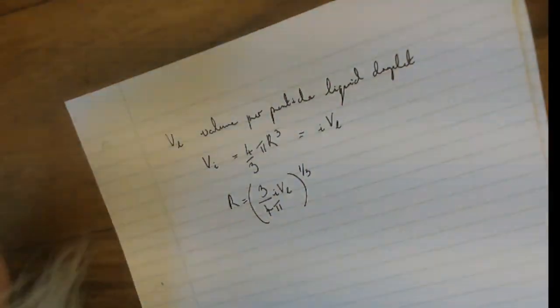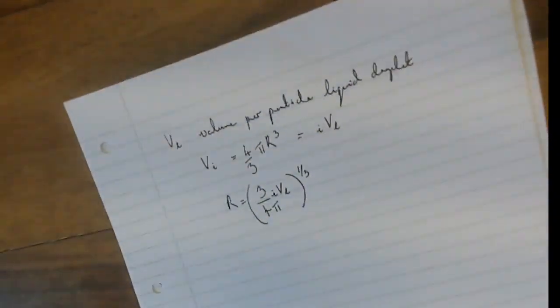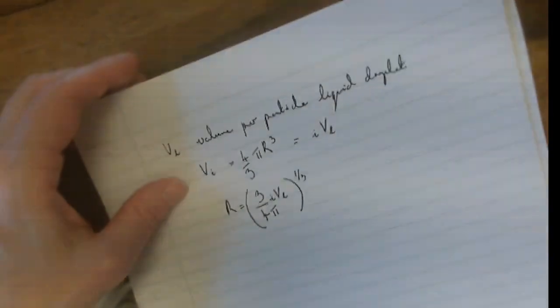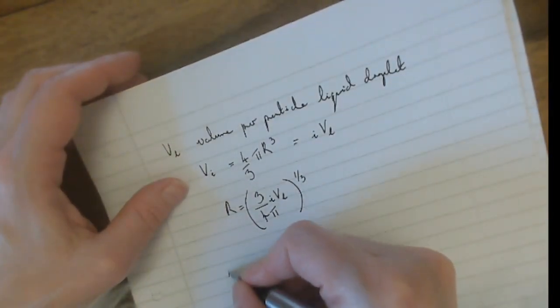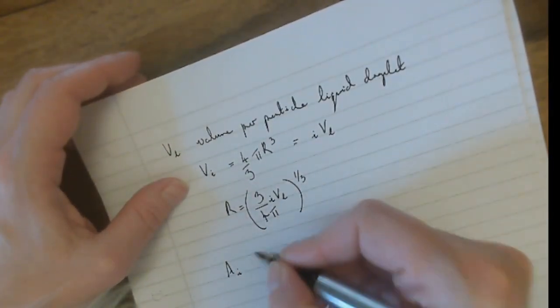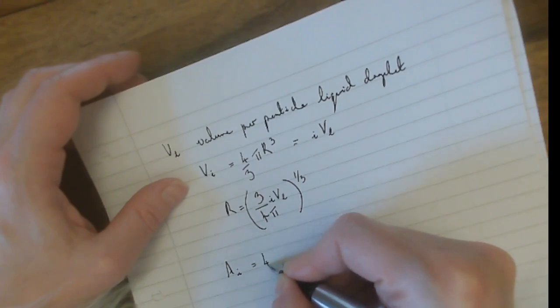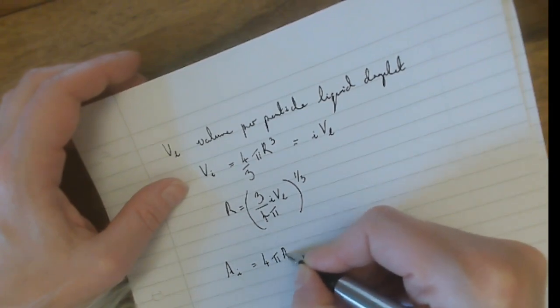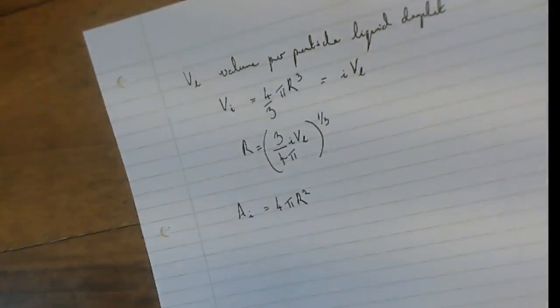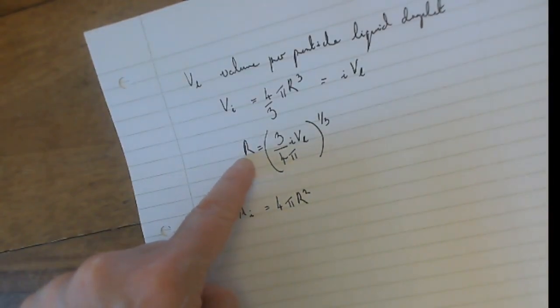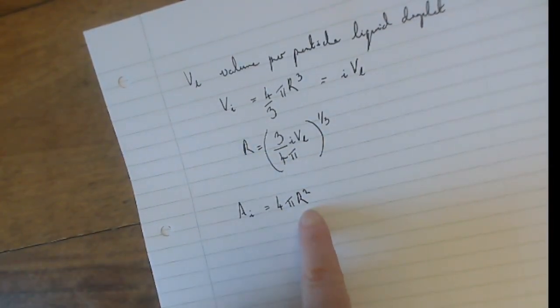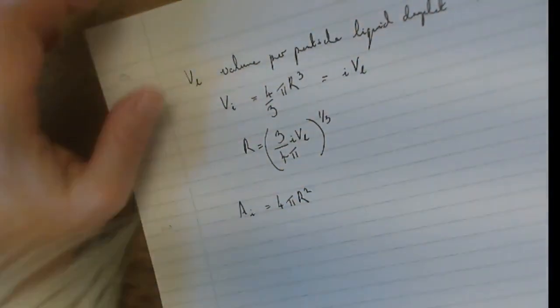Okay, but the surface area of our cluster of size I, so AI, is of course equal to 4 pi r squared. And we've derived our expression for r up here, so we're going to substitute that in here.